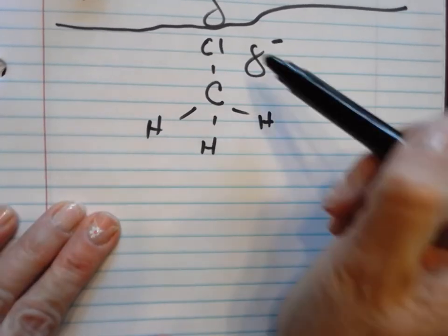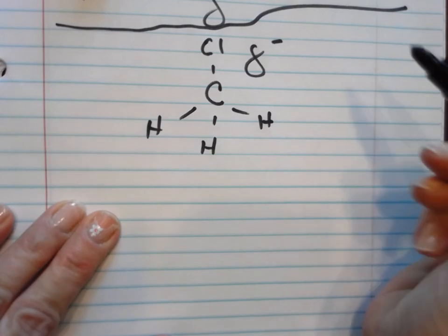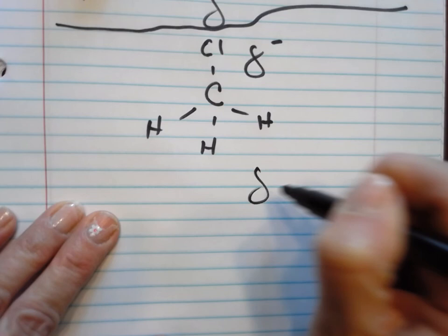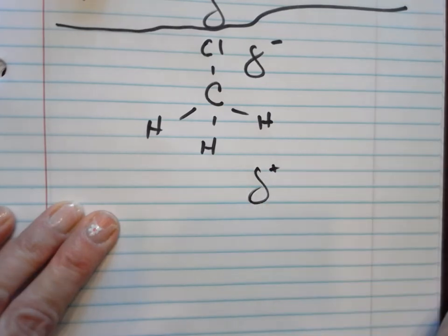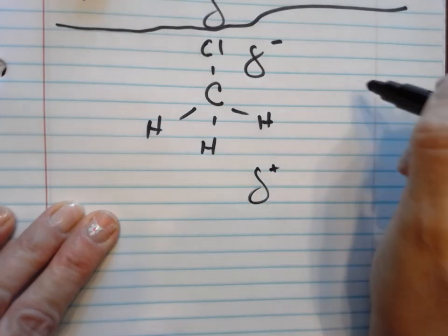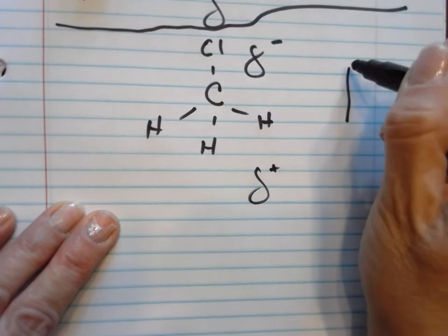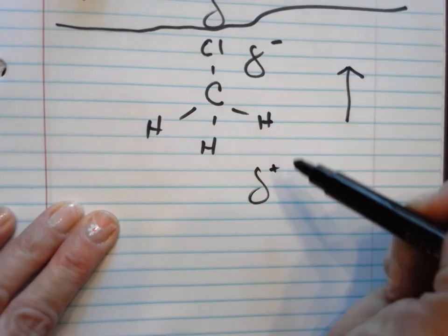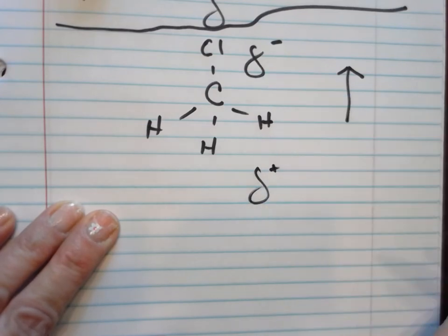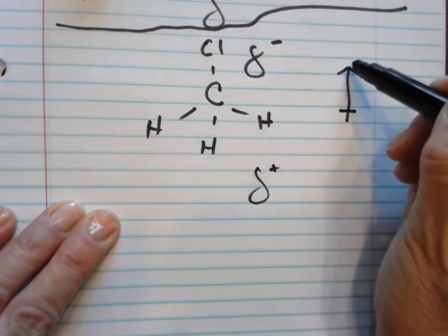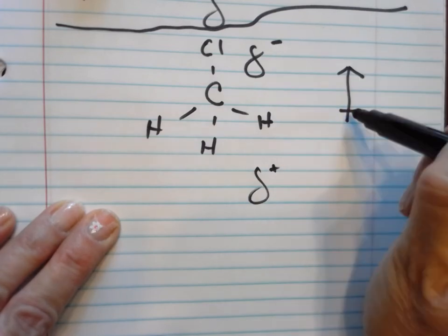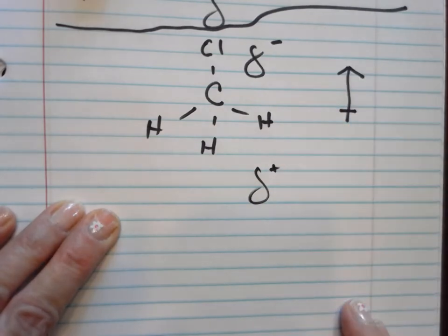Chlorine is very electronegative, as are the other halogens. This end is partially positive. And in organic chemistry, a lot of times we will symbolize that. Instead of putting the delta negatives and delta pluses, we'll do it like this. We have an arrow, meaning where it's pointing is partially negative, and then this little plus sign here shows that it's partially positive.